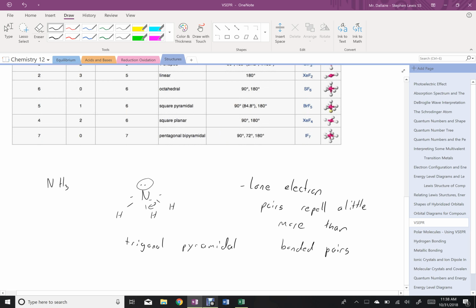And so with that in mind, we recognize that these all get pushed down a little bit more, and this angle between them actually ends up being a little smaller than we thought it was going to be. So instead of being 109.5, which would have been for a perfect tetrahedral shape, they get pushed a little closer together at 107 degrees.